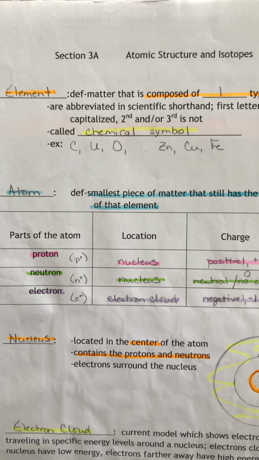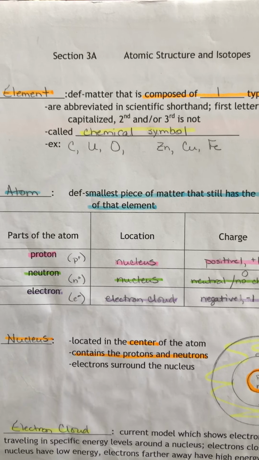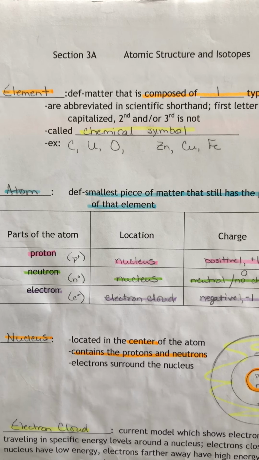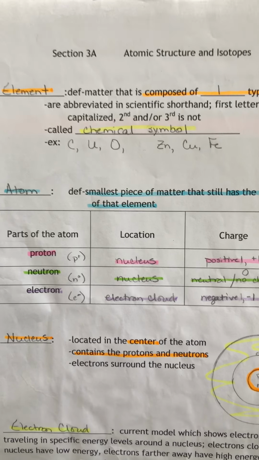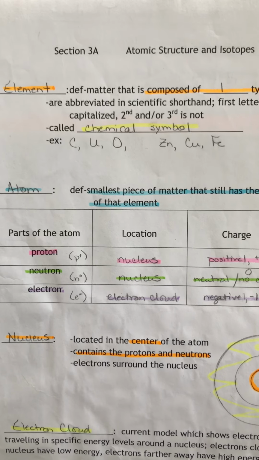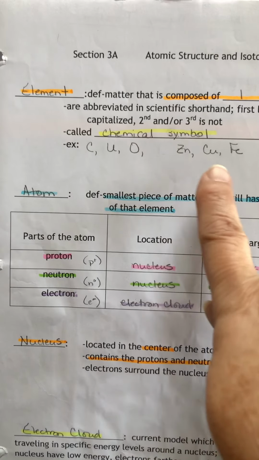Always, always, always. If it has a second letter and or a third letter, those have to be lowercase letters. They have to be. This is not a Birch rule. This is chemistry rules.